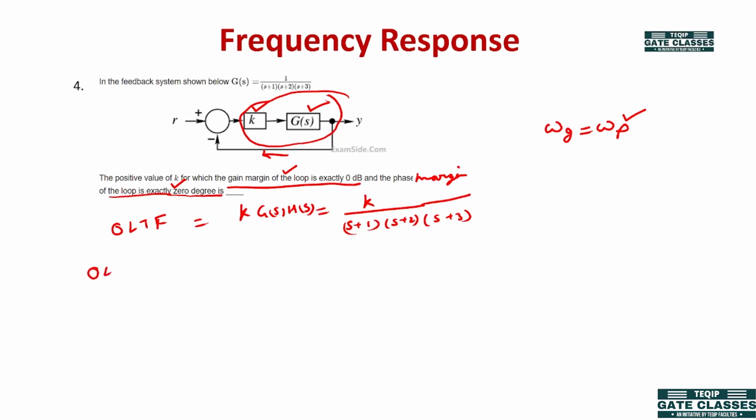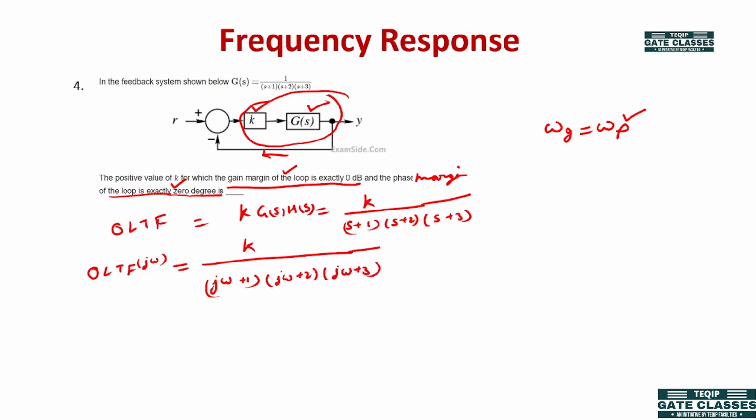So we have the open loop transfer function in j omega terms, the frequency response. First write this in j omega terms. So we have k upon j omega plus 1, j omega plus 2, j omega plus 3.